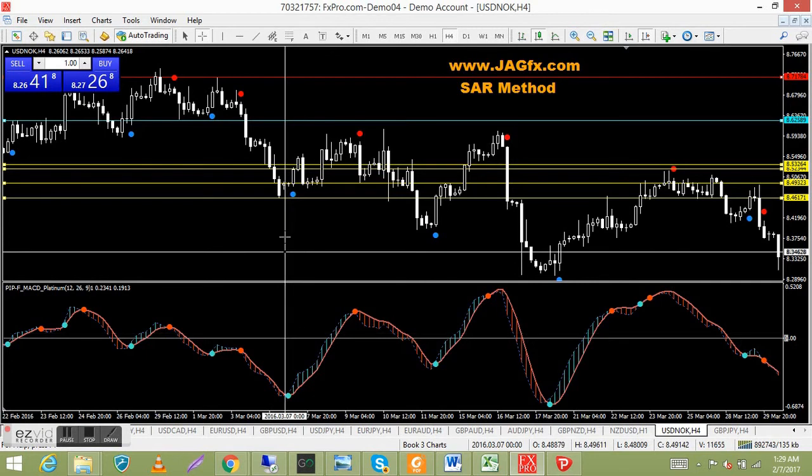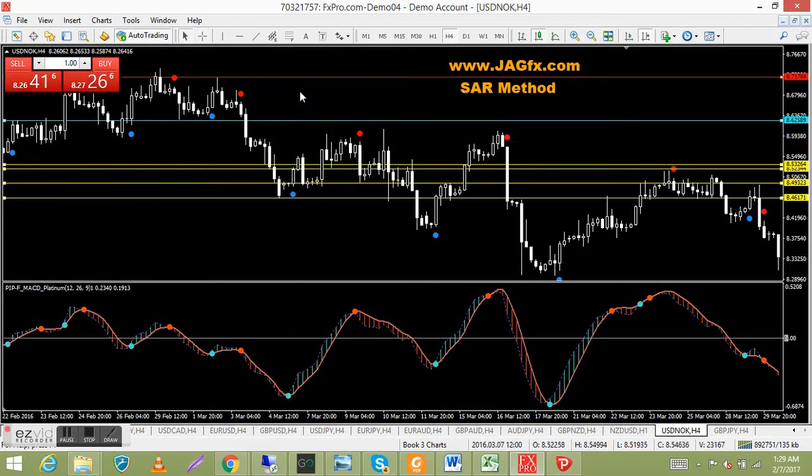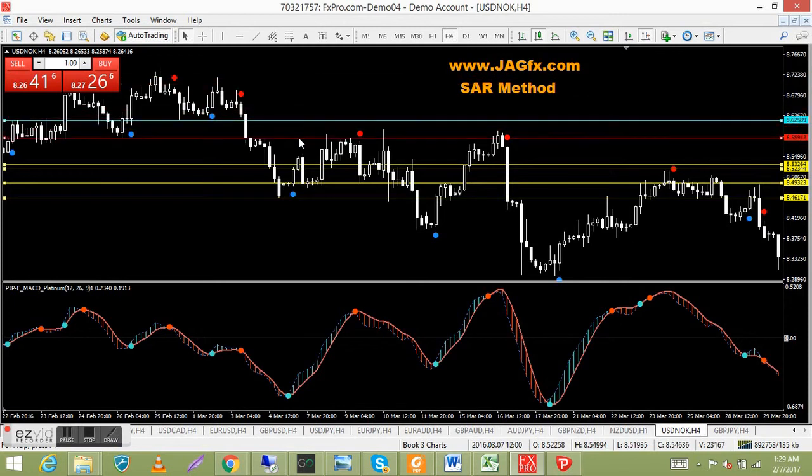I'd either be moving my hard stop to break even, or I'd be moving my SAR level down to this little sideways action here, just to give me a little bit of profit locked in, and I'm protecting. I haven't got any risk then.